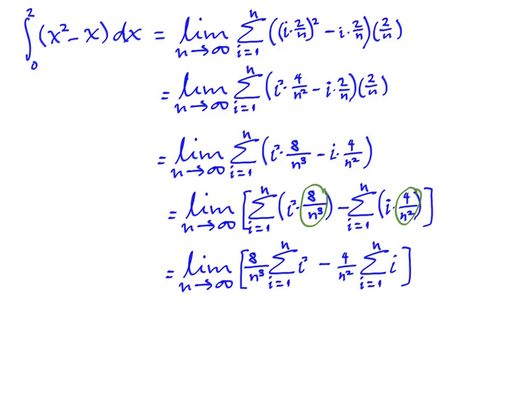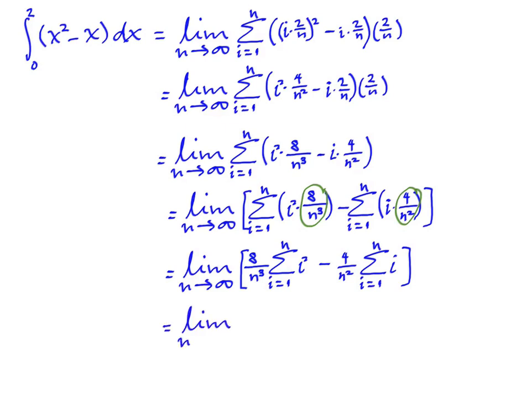All right, so now I have the sum of the squares of the first n positive integers. That's the first sum. And the second sum is just the sum of the first n positive integers. So that one will take Gauss's formula. The first one will take another formula.